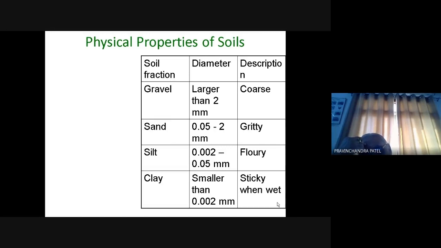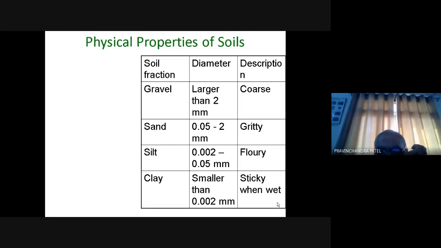The size of each separate: larger than 2 mm is gravel, sand is 0.05 to 2, silt is 0.002 to 0.05, then smaller than 0.002 mm is clay. All the soil separates we can see with our naked eyes, but clay cannot be seen, and for that an electron microscope is required.